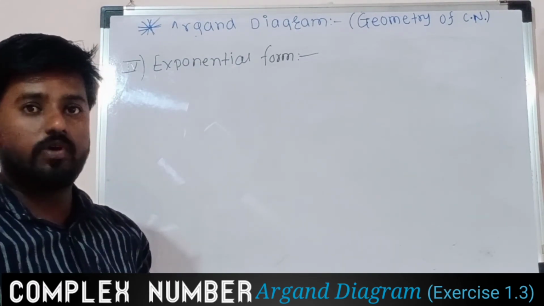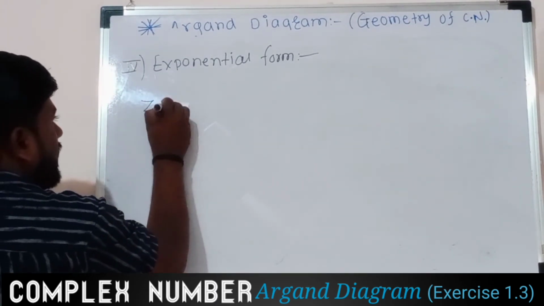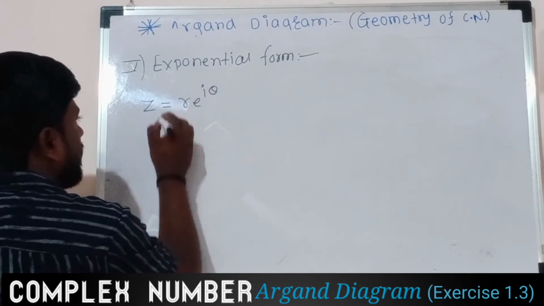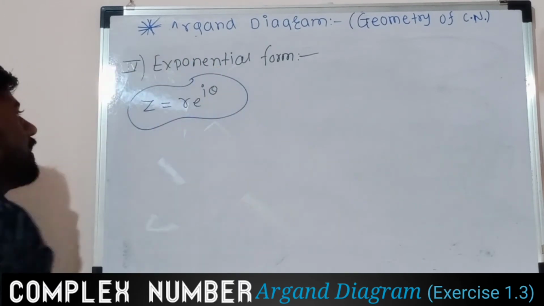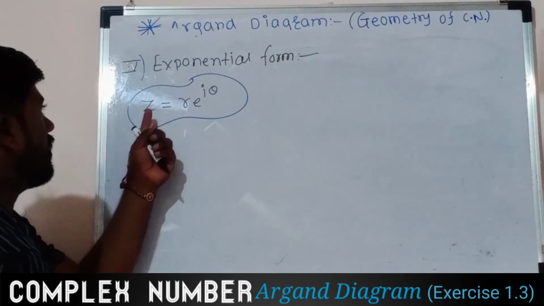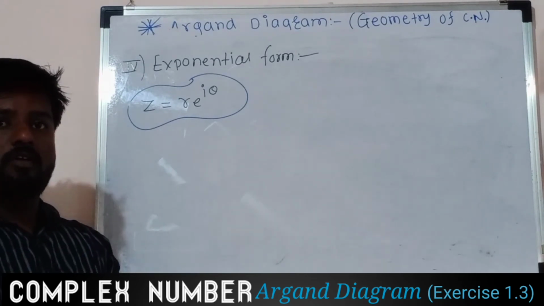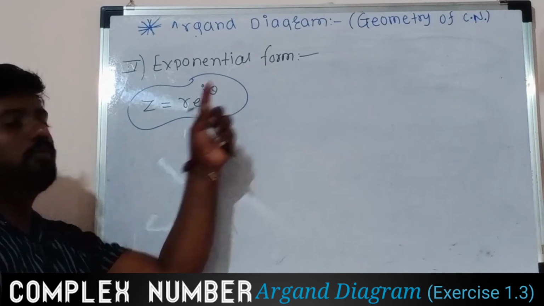So what is exponential form? Exponential form is nothing but z equals r e raised to i theta. So this is the formula, or representation, of exponential form. If you want to find the exponential form, use this relation, r e raised to i theta.